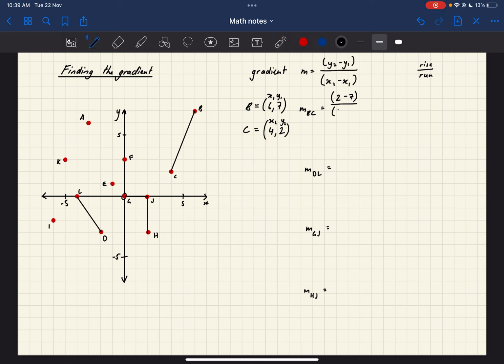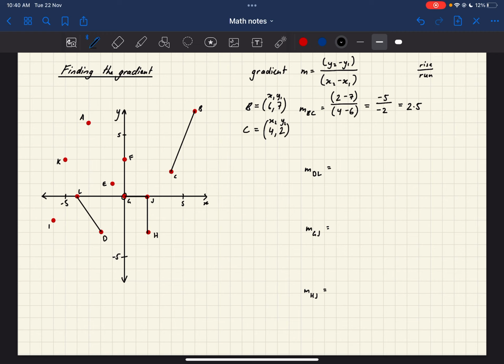It doesn't matter which way around you do these points, so you could have this as x1 and y1, and this as x2 and y2, and it will still give you the same answer, so don't worry about which order you have them. So 2 minus 7 is minus 5, 4 minus 6 is minus 2. You put that in your calculator, you get 2.5, because it's minus 5 divided by minus 2.